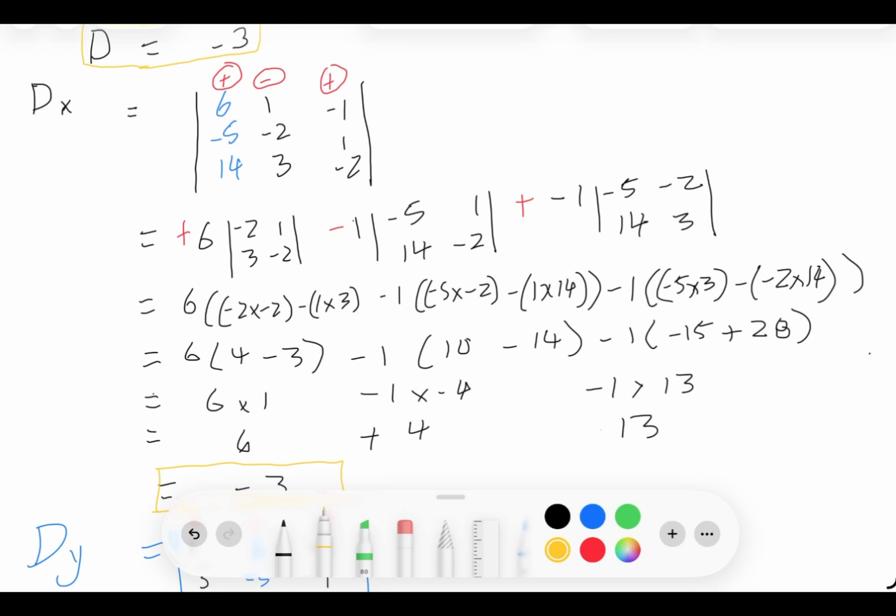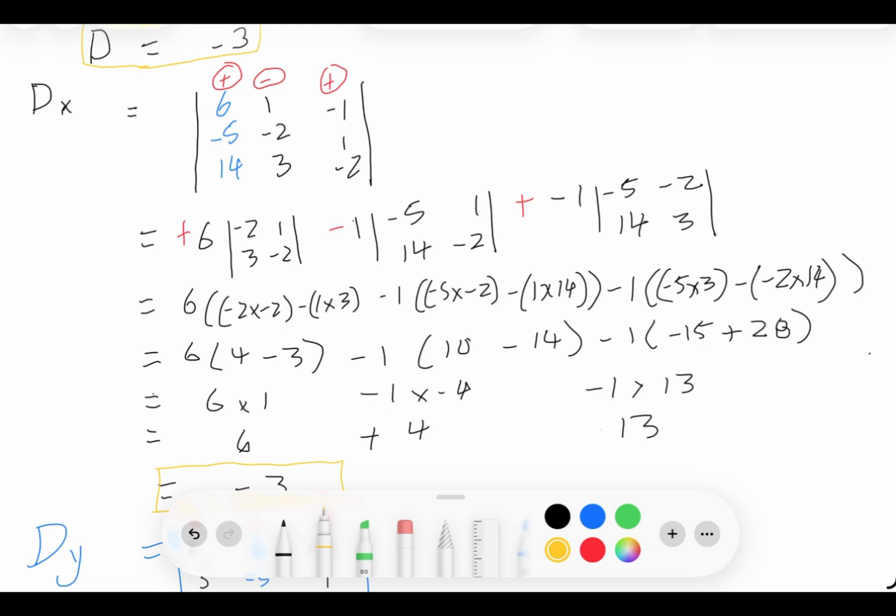That's going to be plus 6 times the determinant of the cofactor matrix, negative 2, 1, 3, negative 2, minus 1 times determinant of its cofactor matrix, negative 5, 1, 14, negative 2, plus negative 1 times the determinant of its cofactor matrix, negative 5, negative 2, 14, 3.